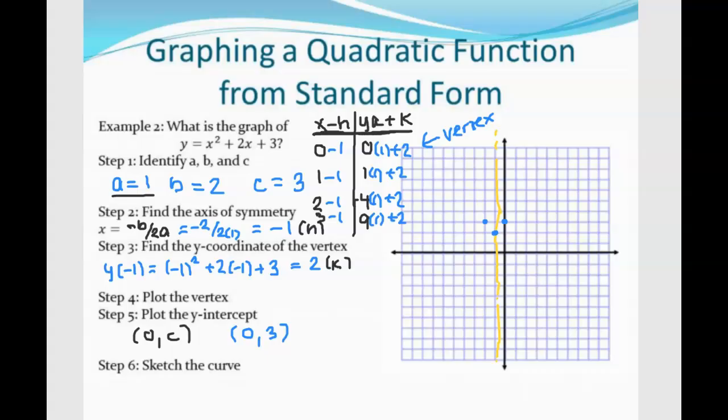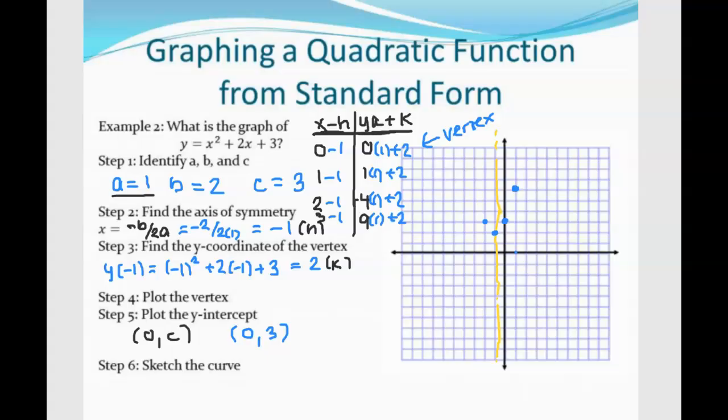Okay? Then we have 1 minus 1, which is 0. 1 times 1 is 1. 1 plus 2 is 3. We can see there's my point 0, 3. 2 minus 1 is 1. So my point at 1 is going to be at a height of 4 times 1, which is 4, plus 2, which is 6.